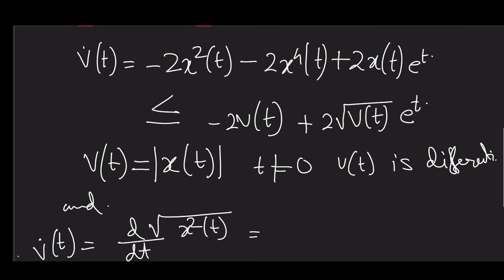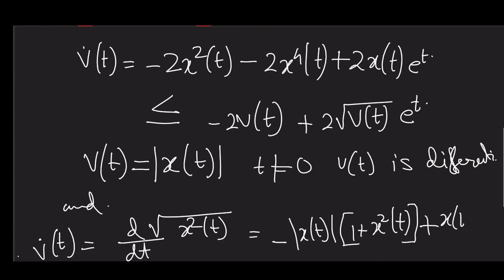So this gives us minus mod x(t) over 1 plus x square t. As it is squared, no need of mentioning mod, plus x(t) by mod x(t) e to the power t.